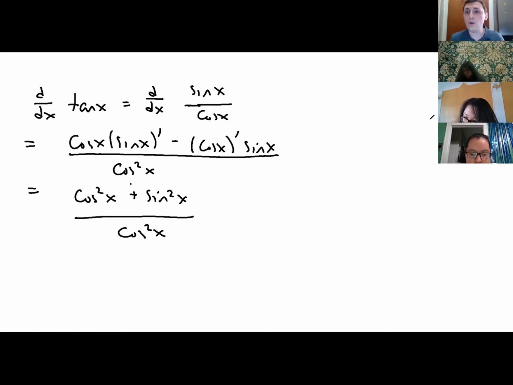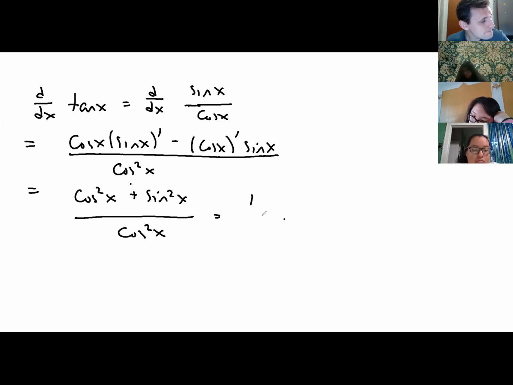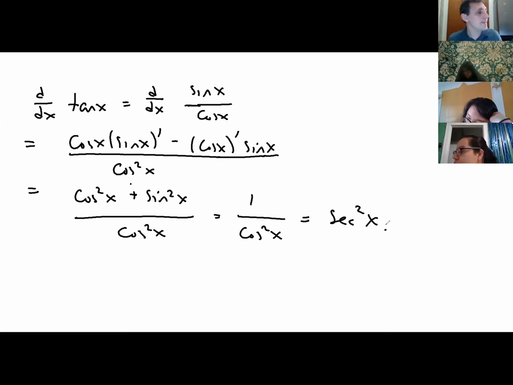Now I know that cosine squared plus sine squared, those are the sides of a right triangle squared, gives us 1. And then I just recognize that 1 over cosine squared is secant squared x. We are done.